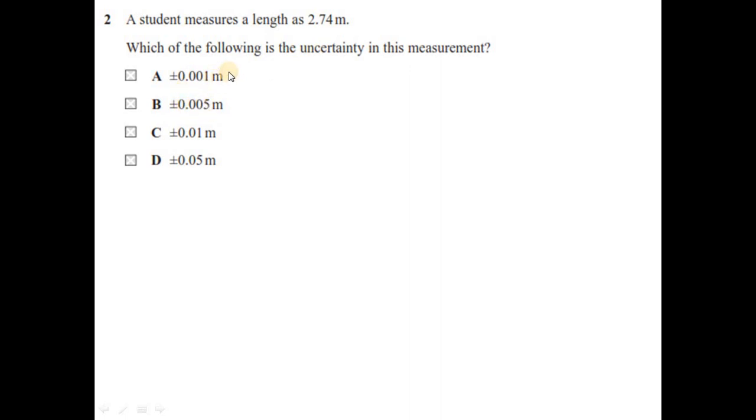So too many decimal places compared to the measured one. So you can ignore A and B immediately. You need to choose from C and D because both have 2 decimal places. But option D is 0.05, which has a high value. That's why we also ignore D. So our option must be C because of 2 decimal places and low uncertainty if you see the measurement.